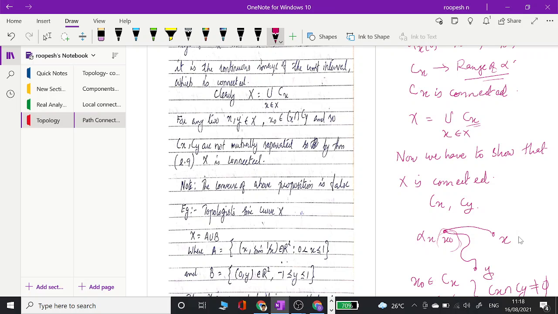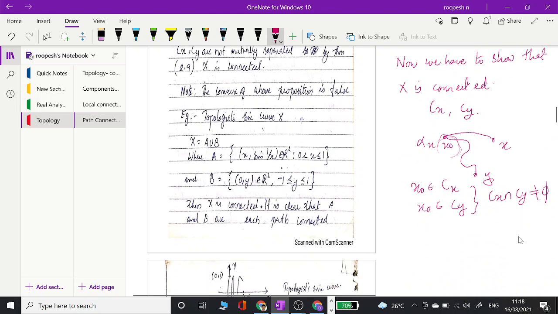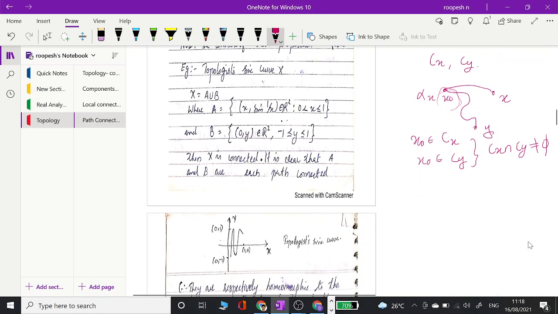Now the converse. This theorem implies that path connected implies connected, but connected does not imply path connected.